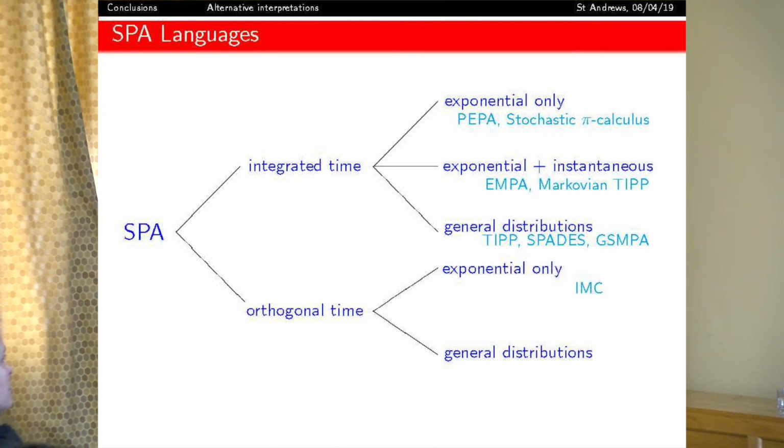And then in the others, there's a language called IMC, which is quite largely used. So this is the one where you do an instantaneous action, have an exponential delay, and then your next action. And we have IGSMP and a language called Modest, which is also quite widely used. Actually, Modest has been used by the European Space Agency for looking at some of their processes. So as I say, we've just focused on that top branch, so there are many more for you to explore if you're interested.